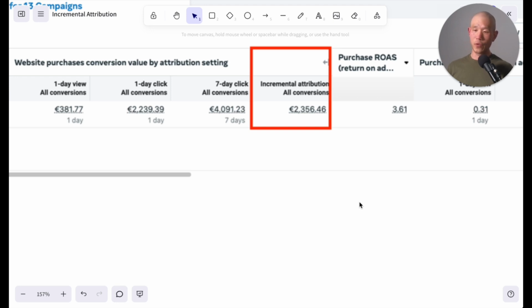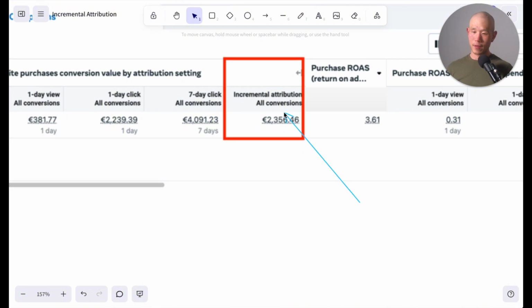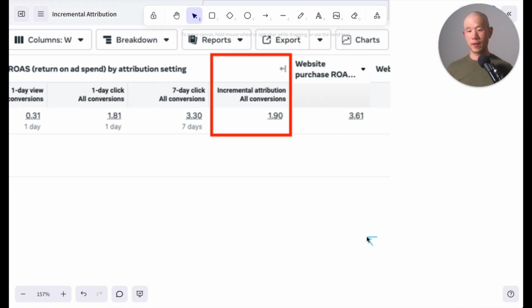You can use third-party attribution tools like Triple Whale and Northbeam and Hyros, but those aren't for incrementality. Those are for attribution. And the important thing to remember is that this column and this setting by Meta is still a model. It's modeled with their data and their processes, which means that it's not a mirror. It's not a reflection of what's actually happening.